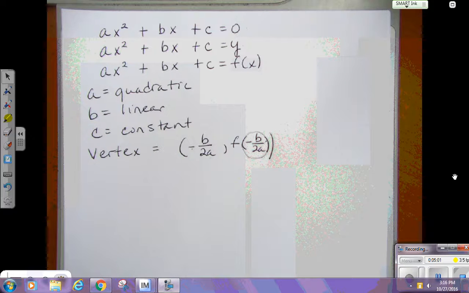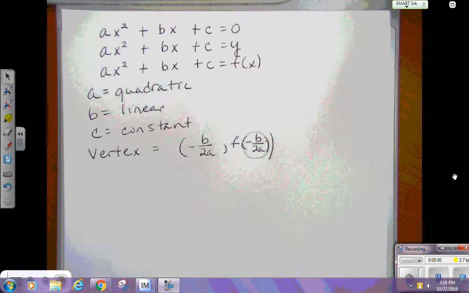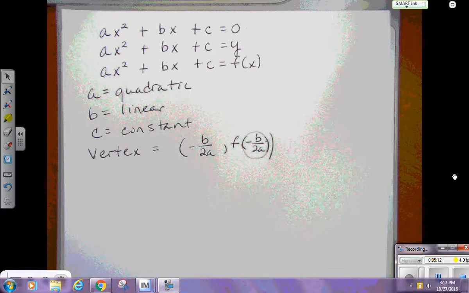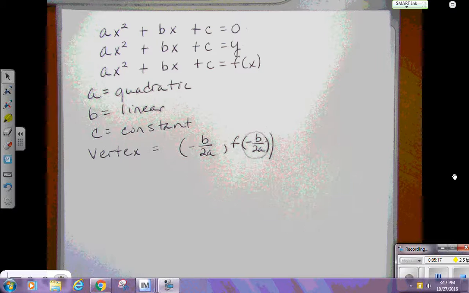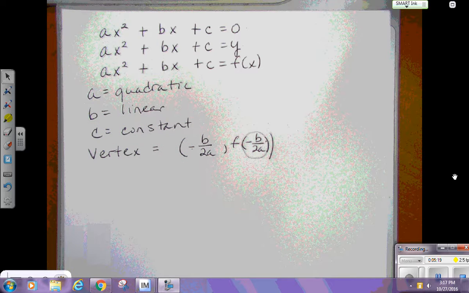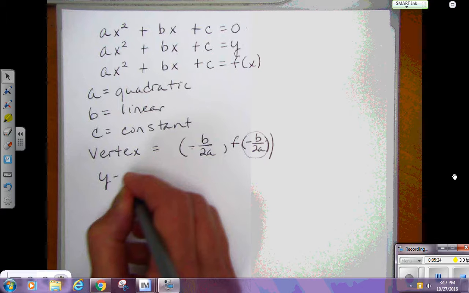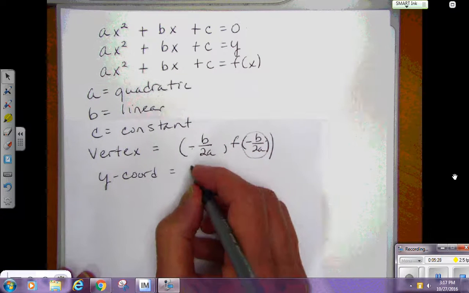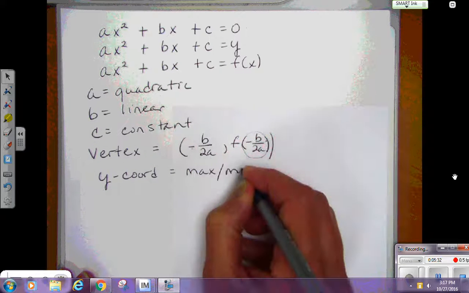Okay, so after you find the vertex, that gives you the answers for everything else that you're going to be doing in this assignment. The vertex is a very important point. You got to make sure, first of all, that it's the correct point, so it wouldn't hurt if you double checked your work just to make sure that that's exactly what it's supposed to be. Okay, so from your vertex, the y coordinate gives you a max or min value.